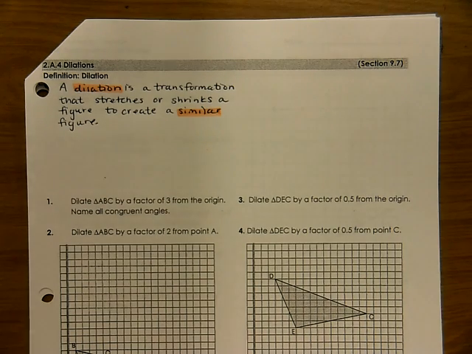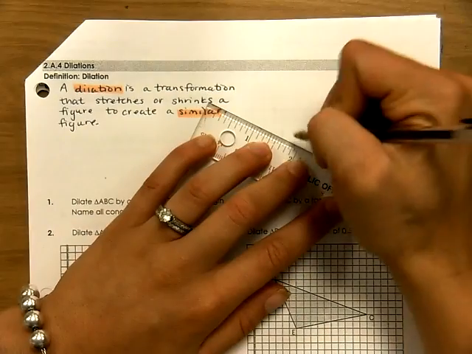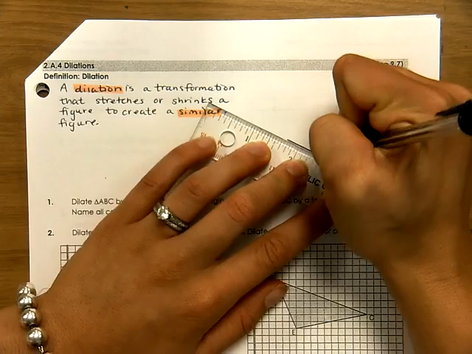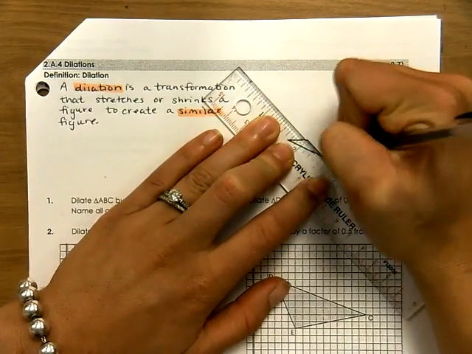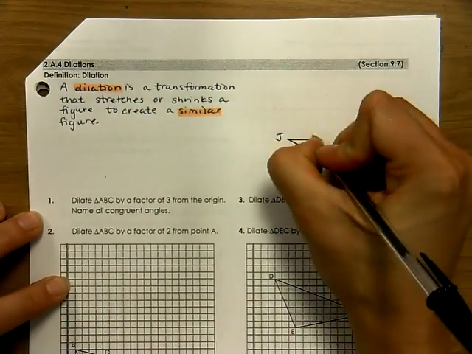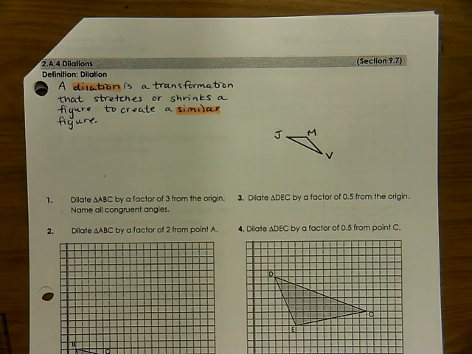In order to dilate something, we need a figure to dilate. So let's talk about a triangle, and we'll call that triangle JMV. When you dilate a triangle, the first thing you need to know is what point you're going to dilate from. There's always a point that you're going to dilate from.